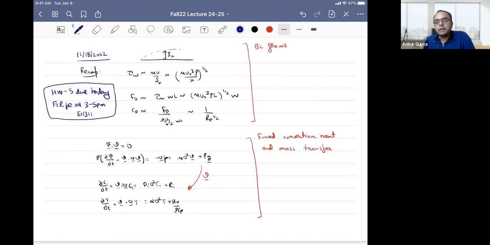Okay. All right. So what I basically want to do today is focus more on chapter 11, but first a quick recap of where we have been after exam 2. We have been focusing on boundary layer flows.